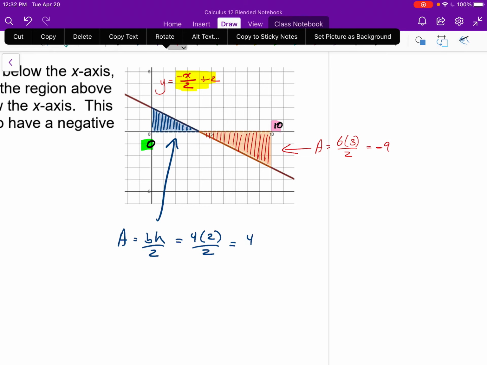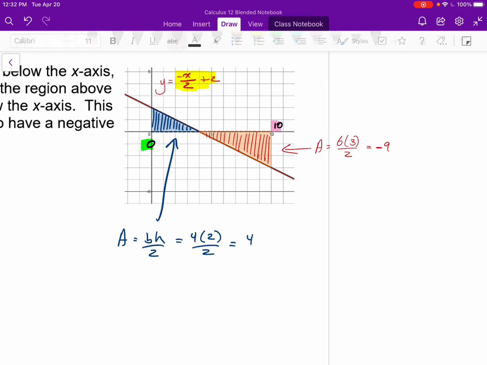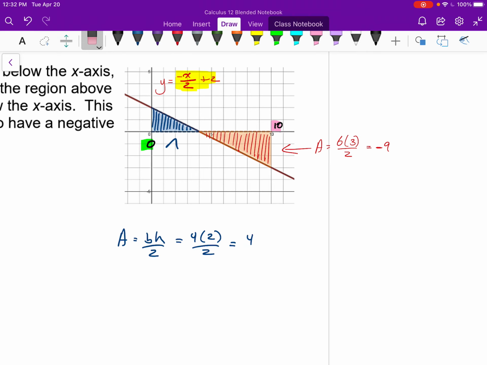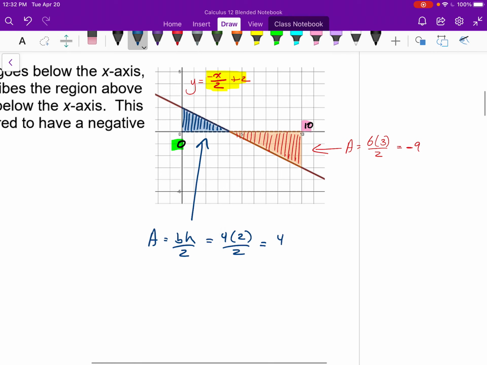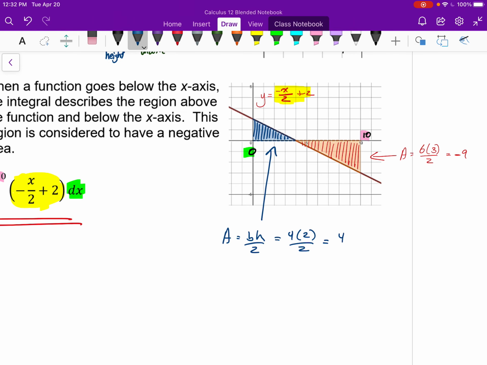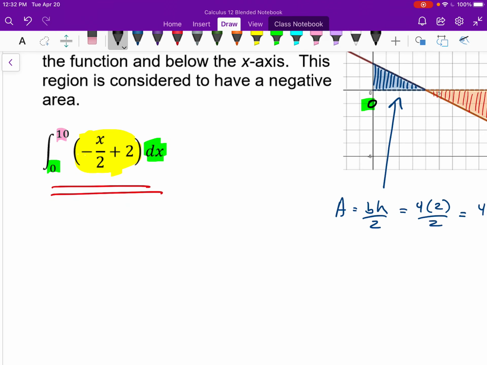So looking at all this together, the total area of these two regions together is going to be negative 5: 4 take away 9. So the value of this integral is negative 5.